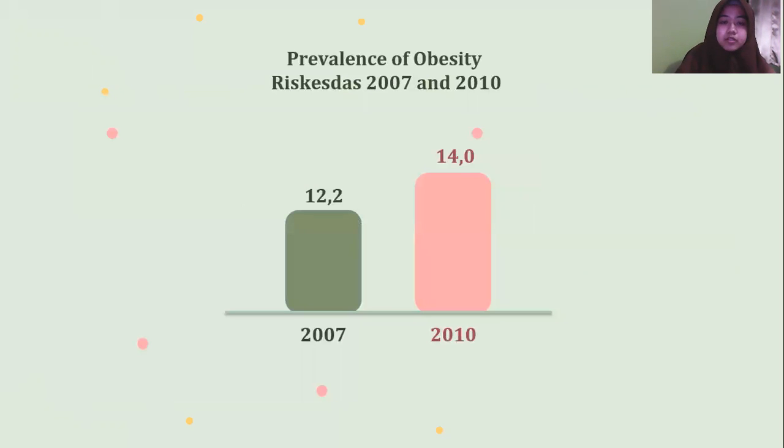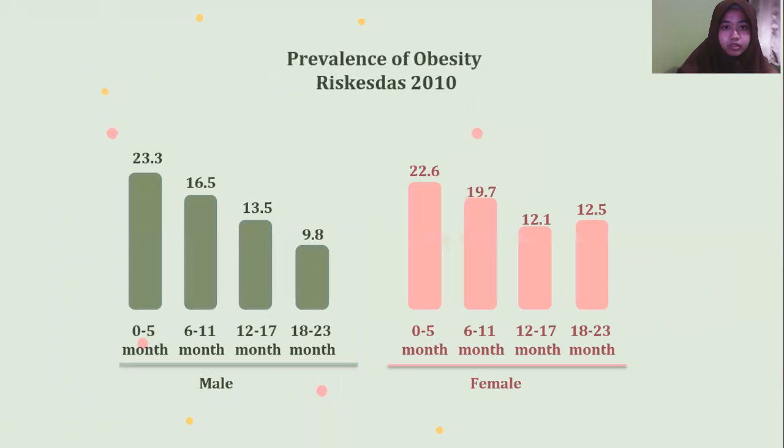And this is the prevalence of obesity from Riskesdas for 2007 and 2010. We can see the higher number in 2010, at 14.